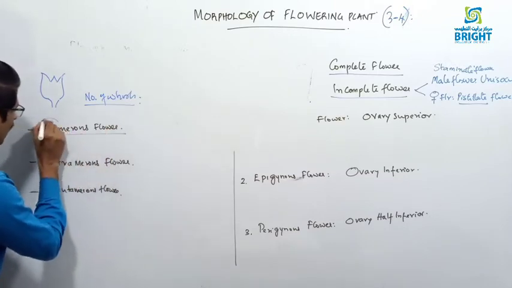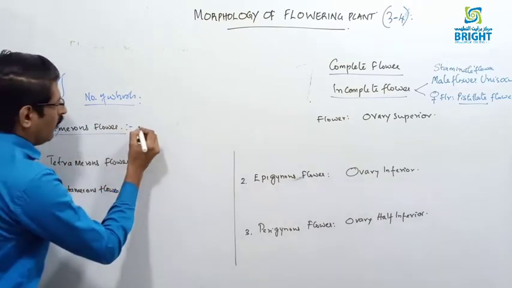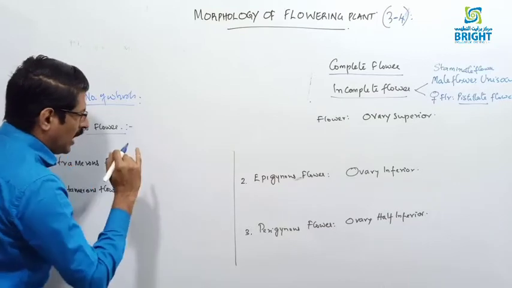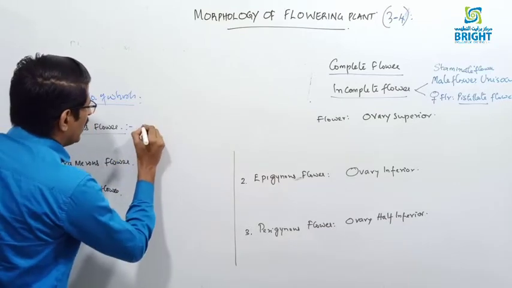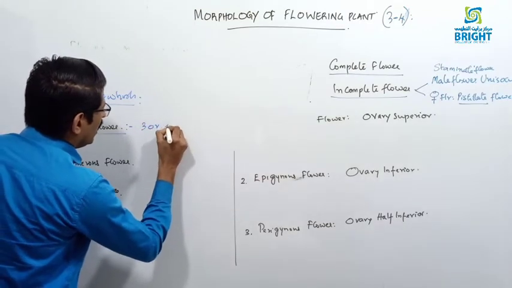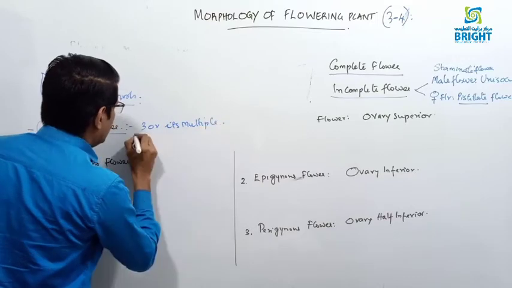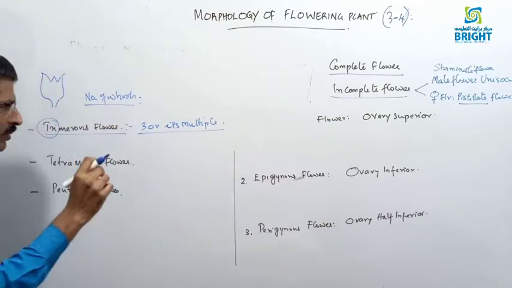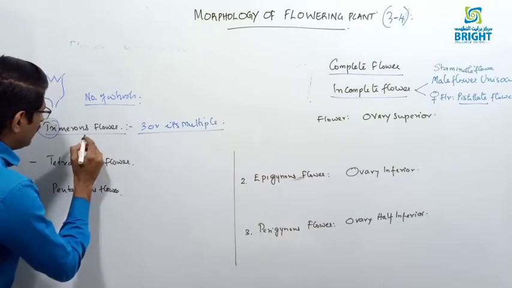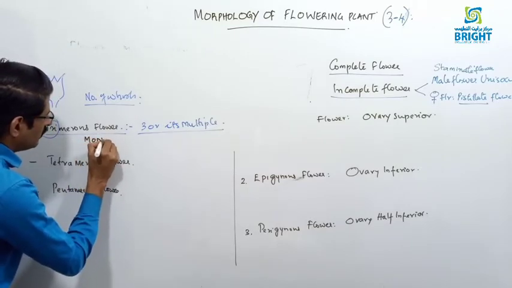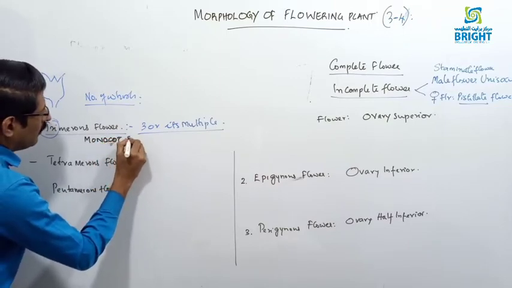Tri means three, and trimerous means the floral appendages, that is calyx, corolla, or the non-essential whorls and essential whorls, are in a number of 3 or its multiples. It is a characteristic of trimerous flowers, a characteristic of monocot families.